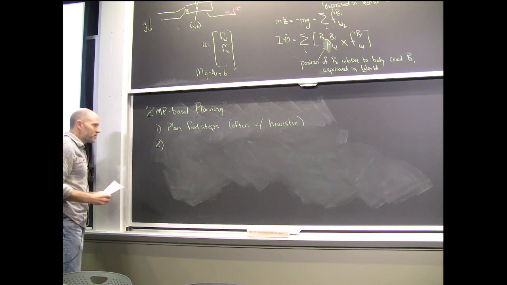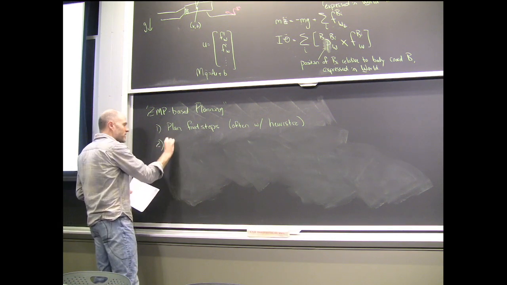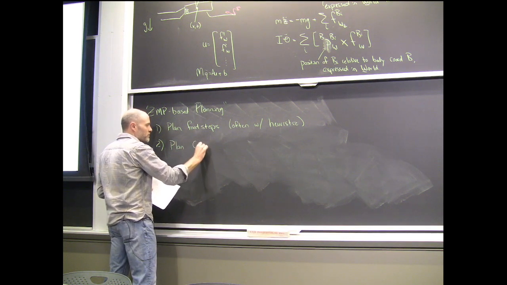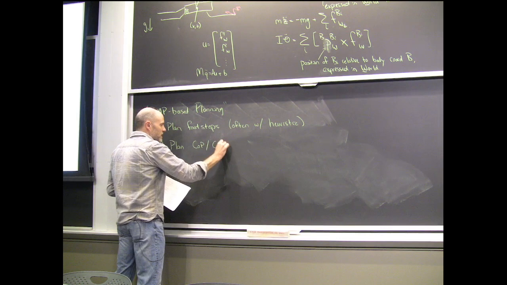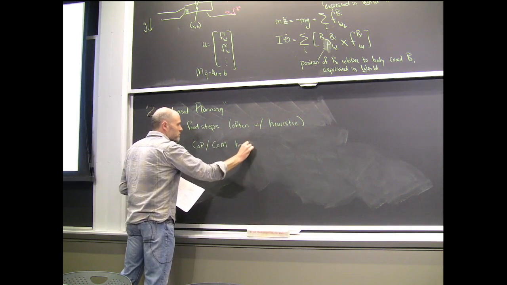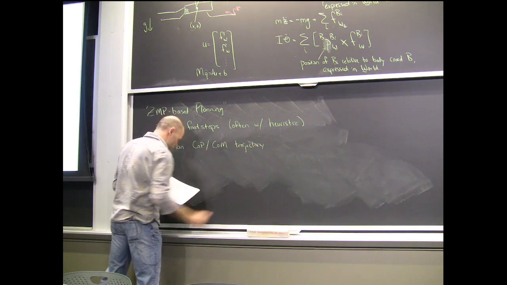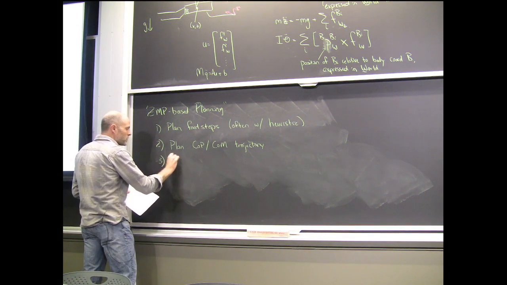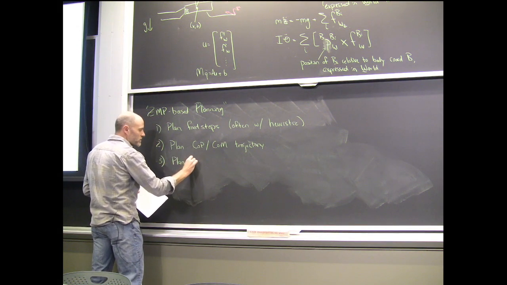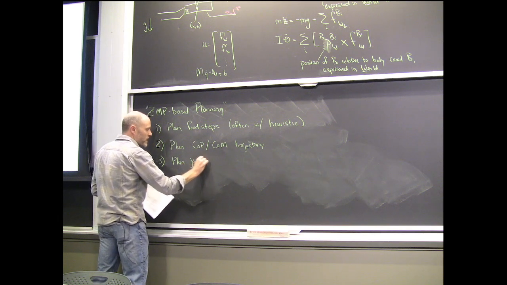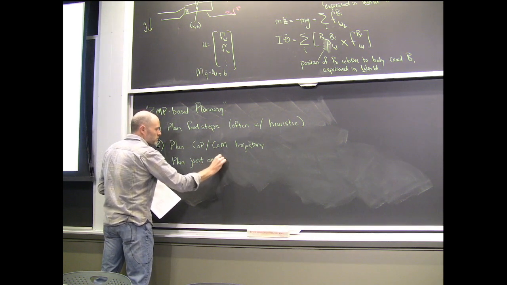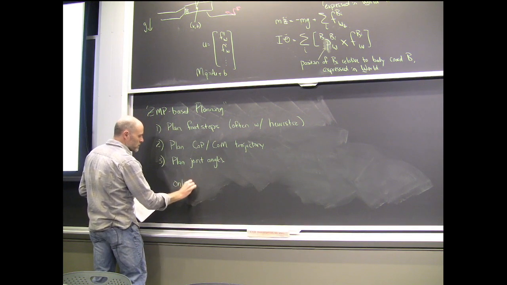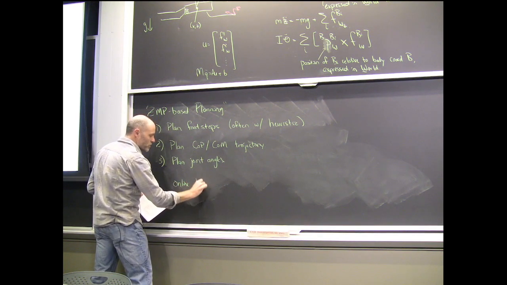Given the footsteps, you plan a center of pressure and center of mass trajectory. And then you can plan joint angles from that. And then online, you do a whole body controller to stabilize.